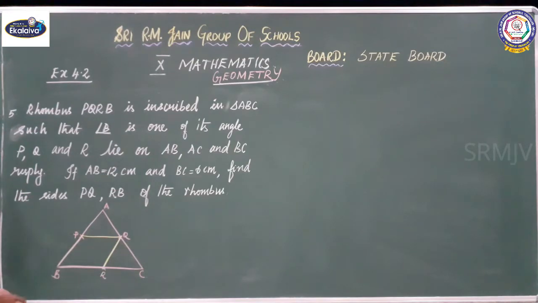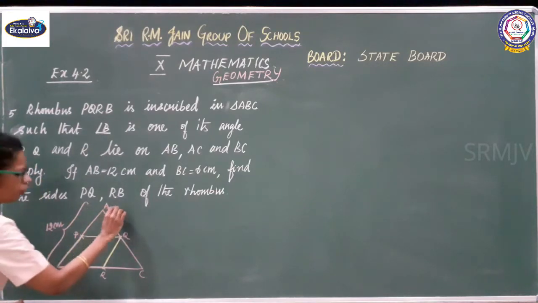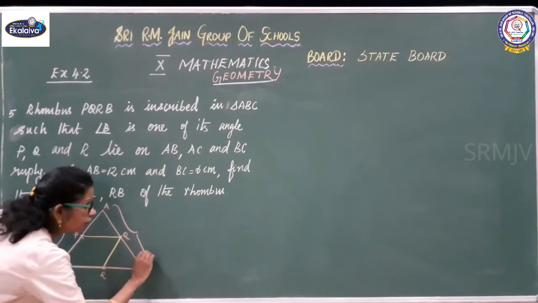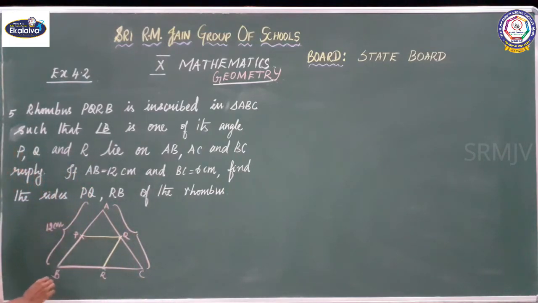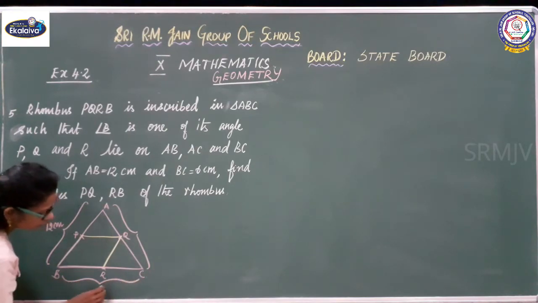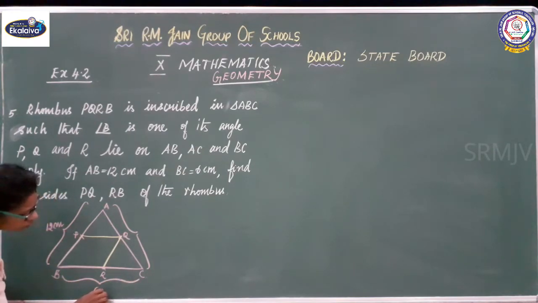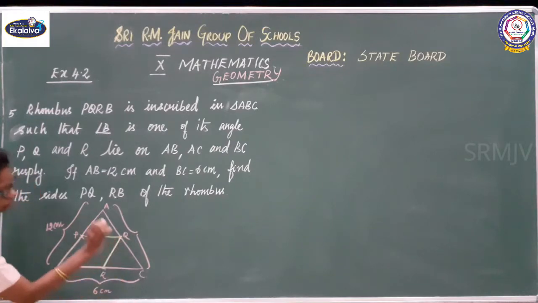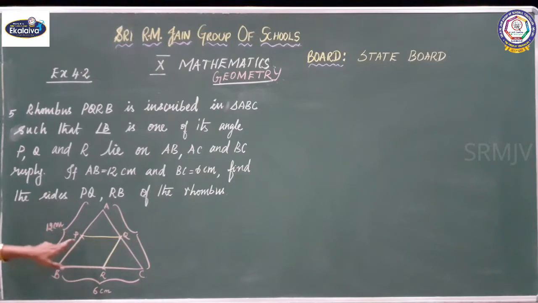Got it, children? Now, what measurement is given for AB? 12 centimeter. AC is not given, but BC is given to you, right? BC equals 6 centimeter. They are asking to find PQ and RB.